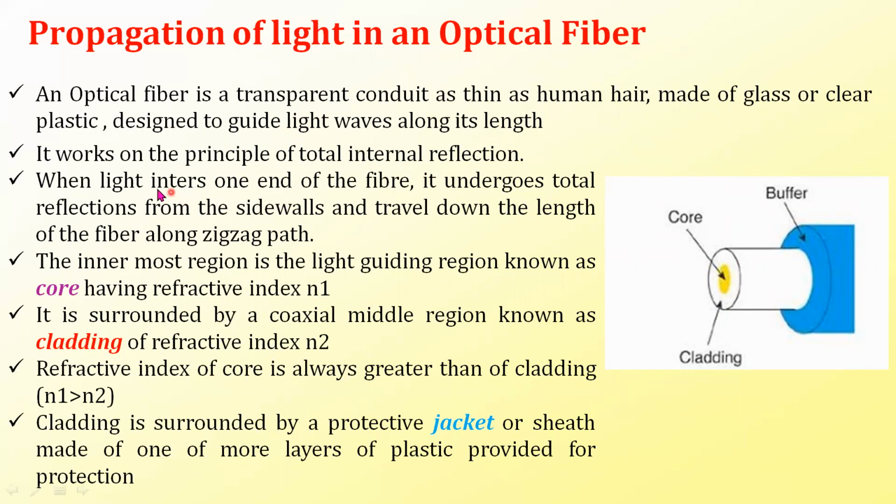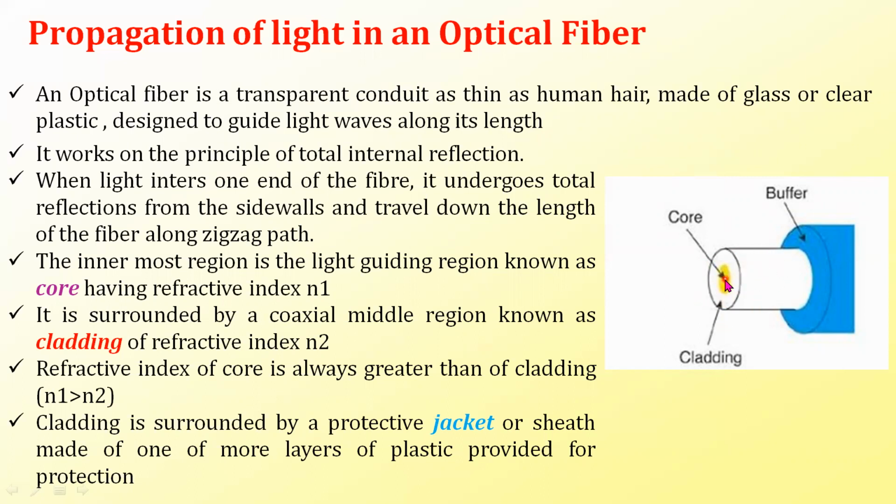When light enters one end of the fiber, it undergoes total internal reflection from the side walls and travels down the length of the fiber along a zigzag path. The innermost layer is called the core, and above this, concentrically, it is covered with a cladding.